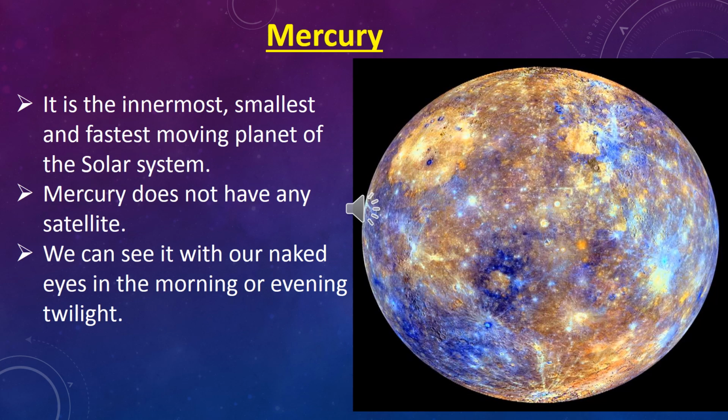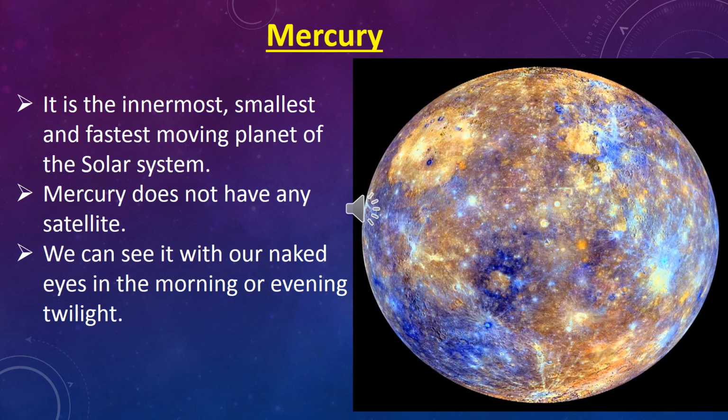Next is Mercury. It is the innermost, smallest and fastest moving planet of the solar system, which means it is inside the path.